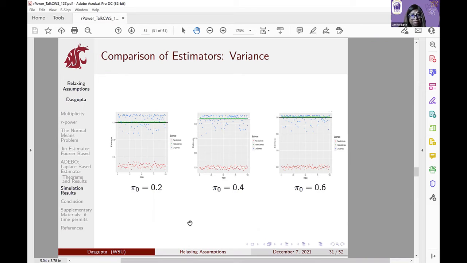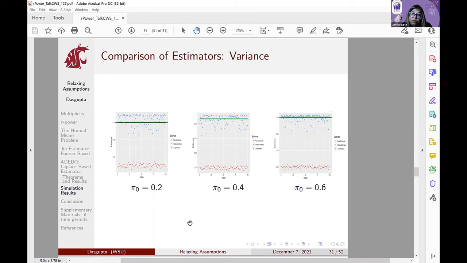The blue is the variance of Gene's estimator, and the green is the variance of the Audible estimator. And the black line is the true value. So you can see that the variance of the Audible estimator is a lot smaller than the variance of Gene's estimator.